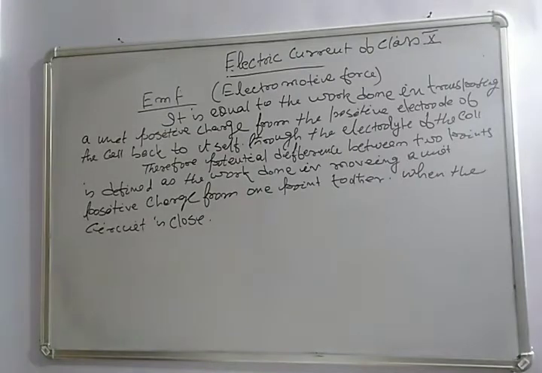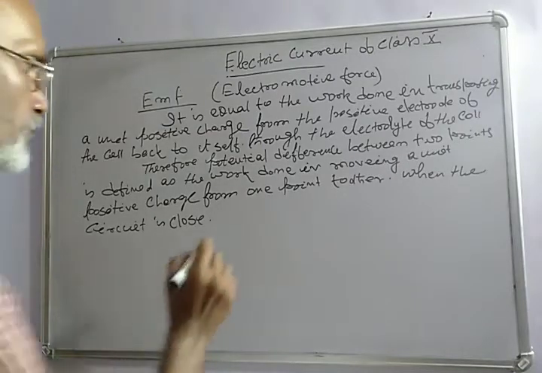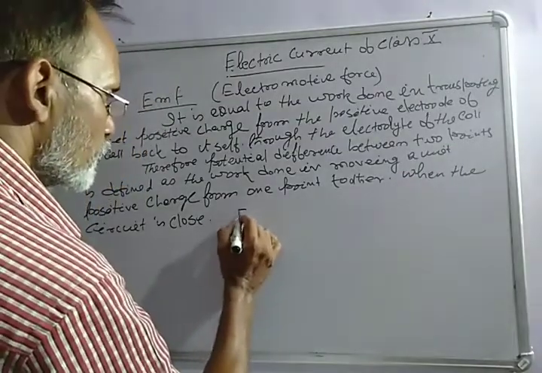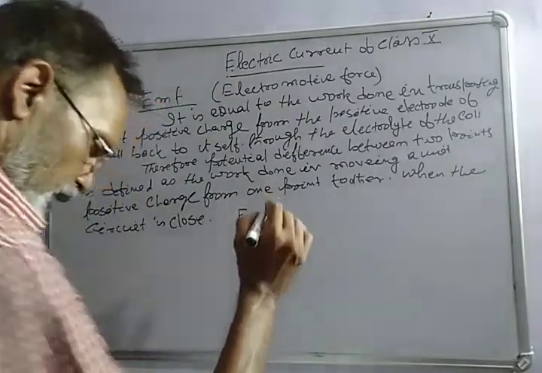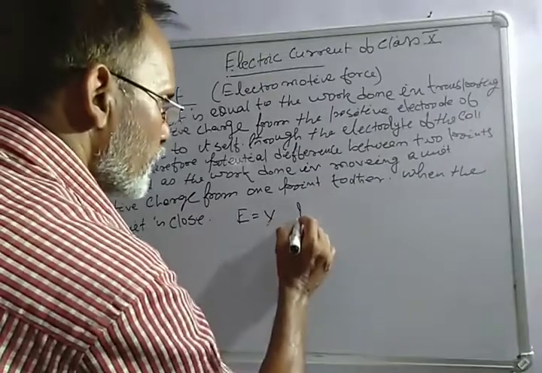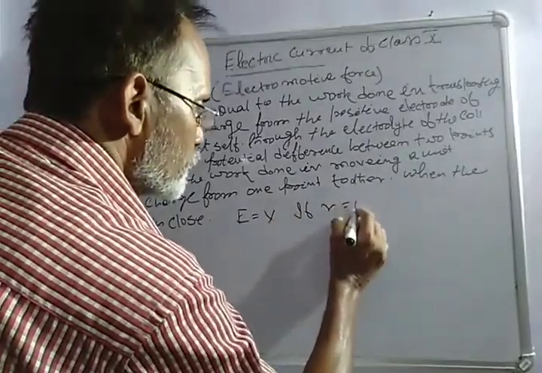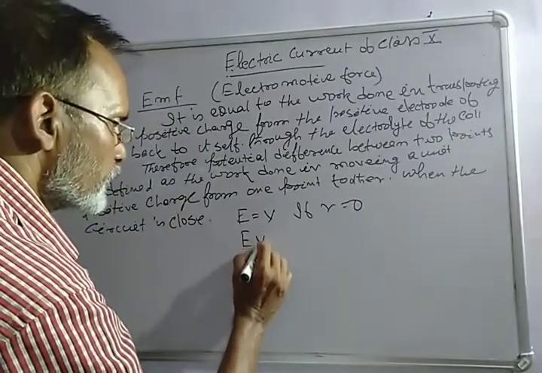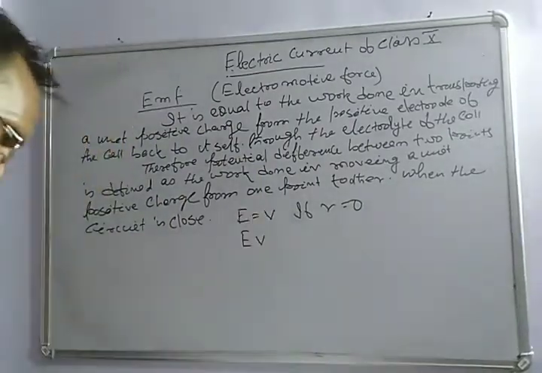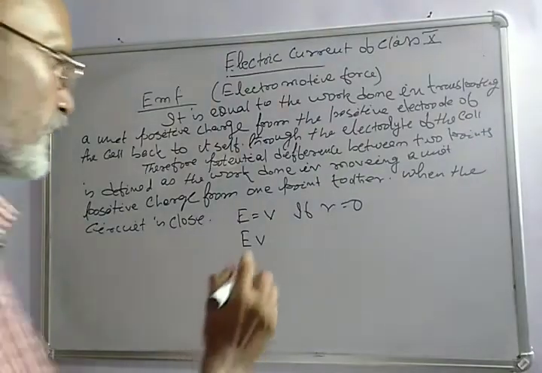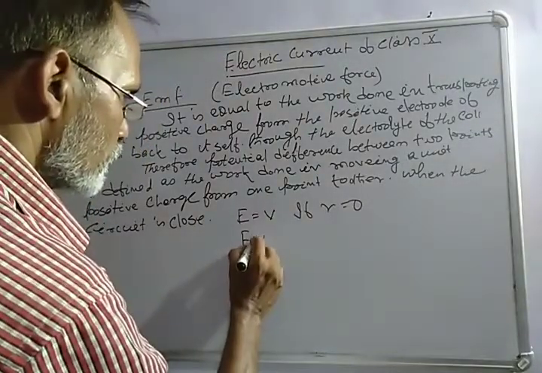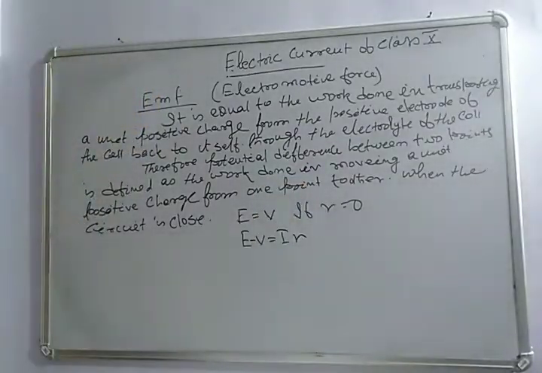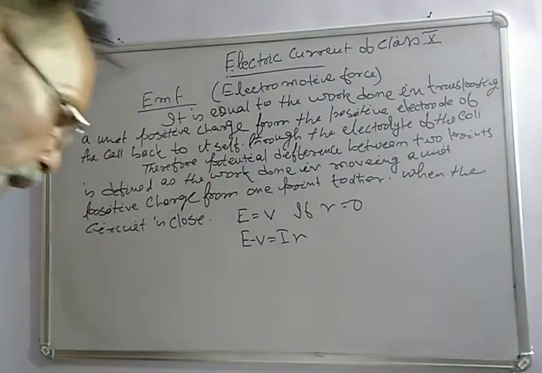That means E is equal to V, and if R is equal to 0, E minus V is equal to IR.